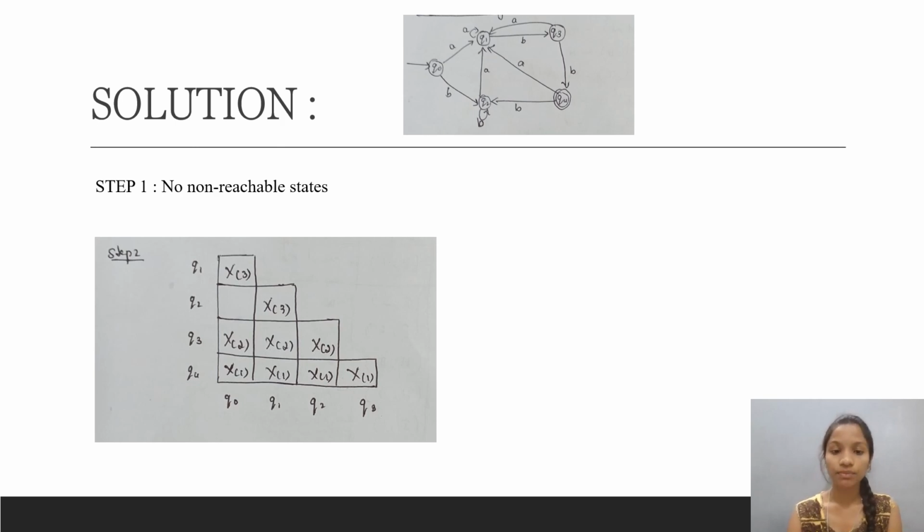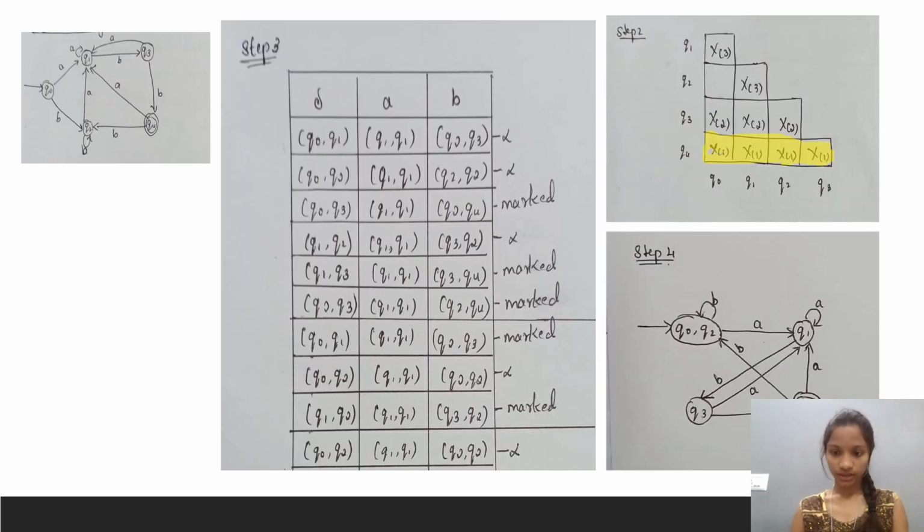Now let us move on to the next step. In the last step, we have marked only the last four, and the others are not marked. In this next step, we're going to mark these. Then we have to make three columns: states, upon A, and upon B, where A and B are the inputs.